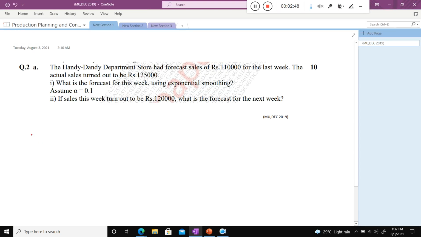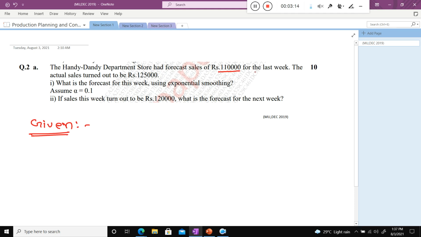Okay, what is the procedure, class? First you need to write down all the given data, then we will solve what is required. So what is the given data? First see, the Handy Dandy department store had a forecast sale of 1,10,000 for the last week.